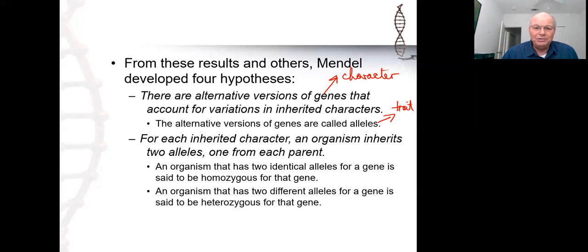One of each pair came from your mother, one of each pair came from your father. So it stands to reason that these alleles come on these chromosomes, and the one that you get from your father came on the homologous chromosome that you got from your father. The allele that you got from your mother came on the homologous chromosome that you got from your mother.